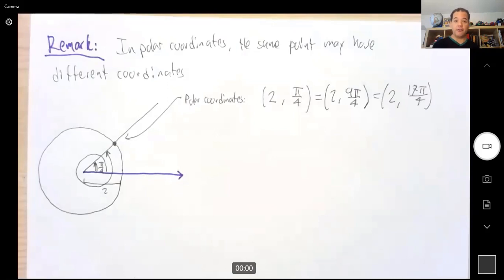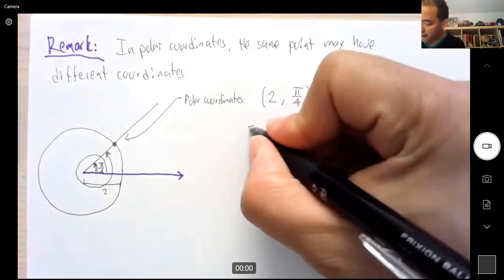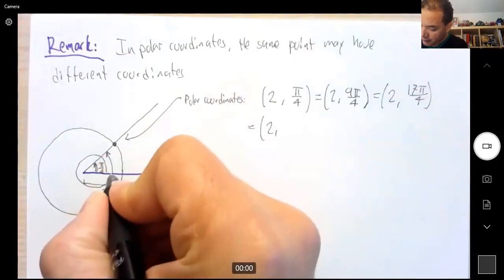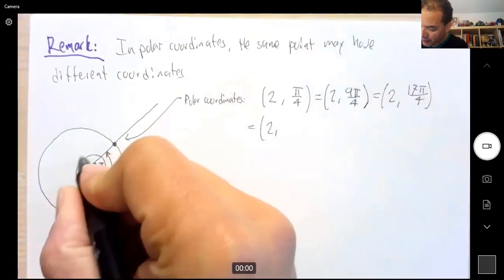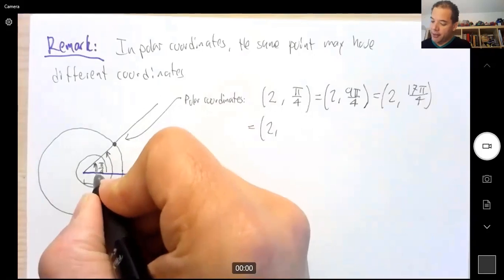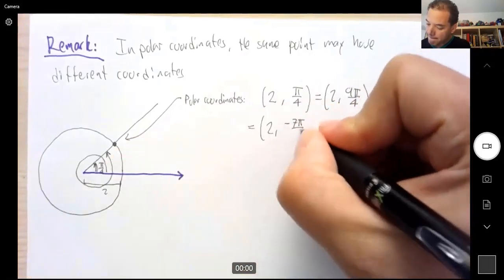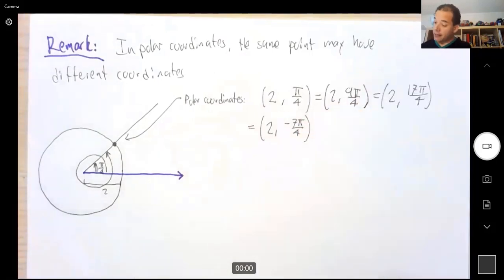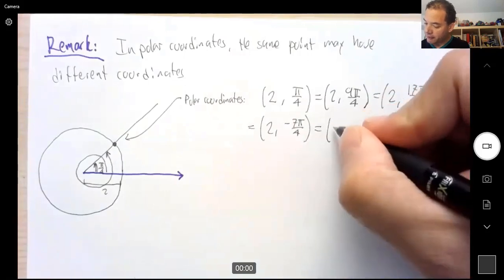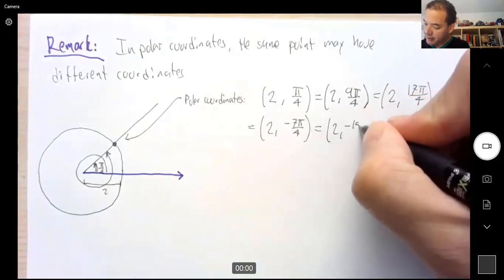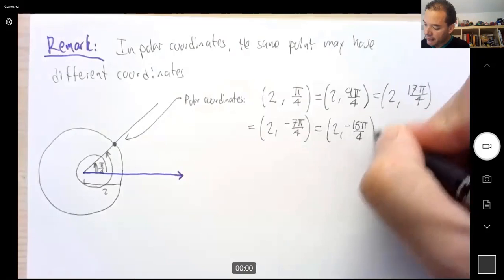Yes, I can also go in the opposite direction. So this is also the same as if I go in the negative way. And in the negative way, this is going to be negative 7 pi over 4. And I can go more on that side as well. So this is also negative 15 pi over 4, etc.